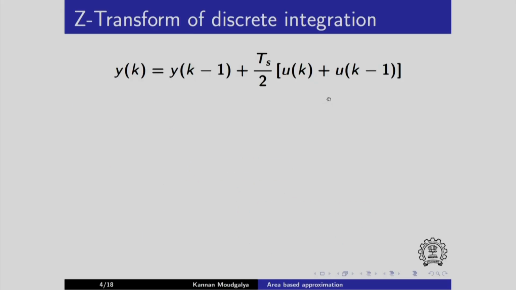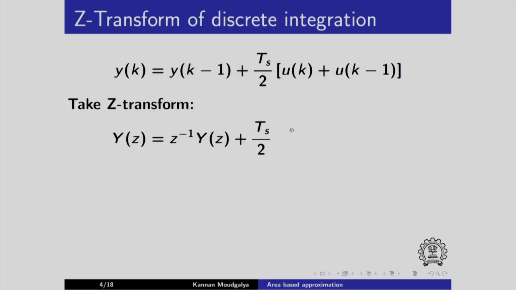This is the formula we derived in the previous slide. Let us take the Z transform, use the shifting rule. Z transform of y of k is y of z. Here it is z inverse into y of z. So Ts by 2 times u of z, plus here we will get z inverse into u of z.